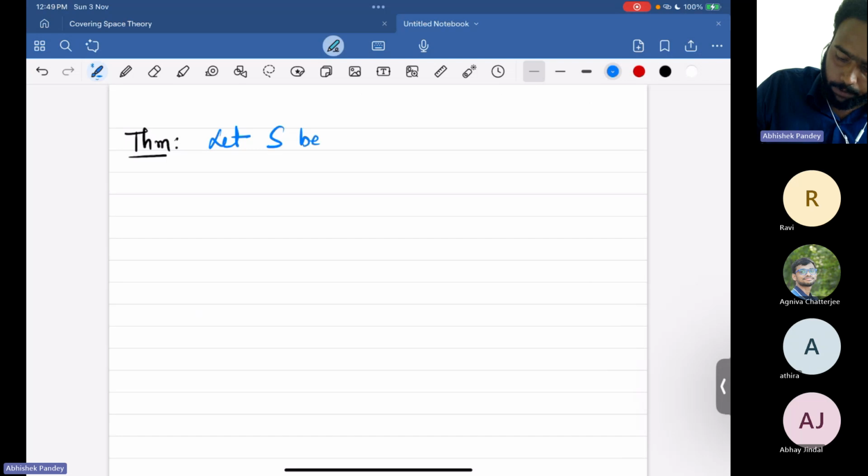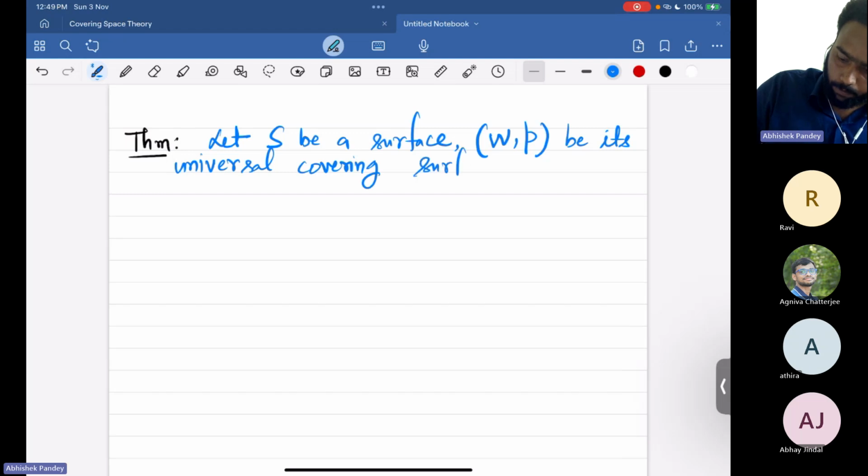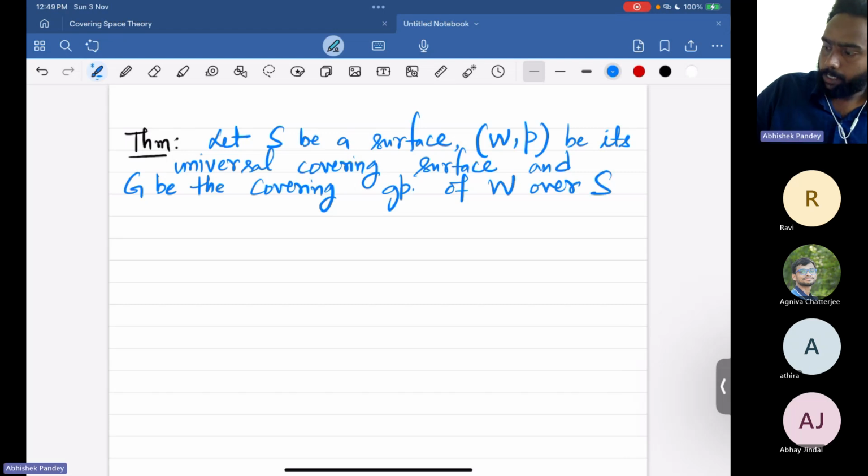Let S be a surface, consider (W, P), its universal covering surface, and G be the covering group of W over S, okay.